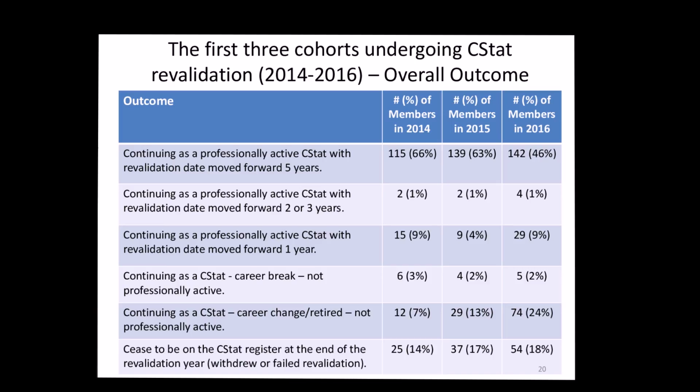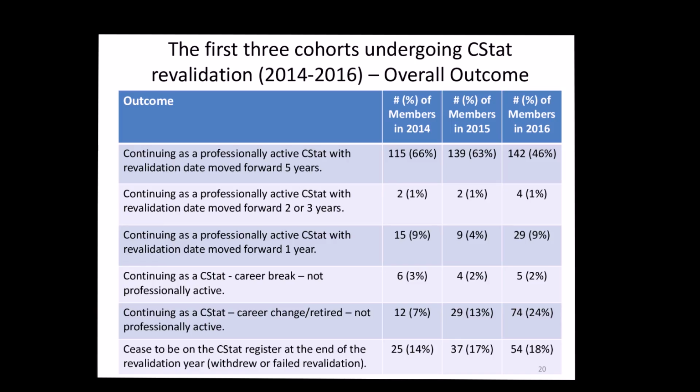The second row indicates the number partially satisfying the requirements, and the third row indicates the number for whom revalidation was deferred for 1 year due to extenuating circumstances. Thus, the first 3 rows indicate that in 2014, 76% continued as professionally active. In 2015, it was 68%, and in 2016, 56%.